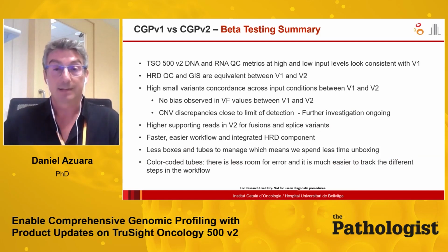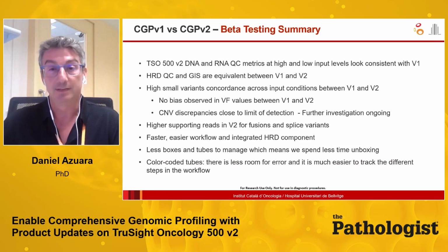We can summarize the results of this beta testing in these points. TSO500 V2 DNA and RNA QC metrics at high and low input levels look consistent with version 1. HRD QC and GIS are equivalent between V1 and V2.